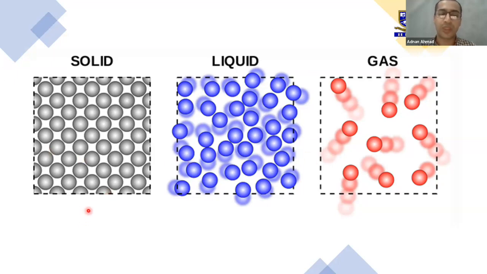If you give temperature to solids, what will happen? They will absorb that energy and start vibrating more and more, and the solid molecules will collapse and change into liquid. And when liquid absorbs kinetic energy, it will eventually change into a gas. You can take ice as an example of a solid. When you heat it up, when the ice absorbs temperature, it melts.